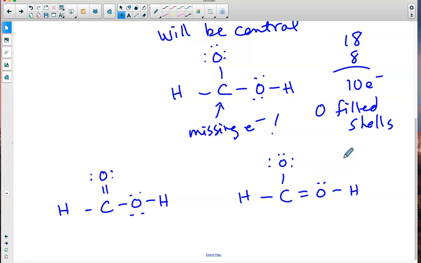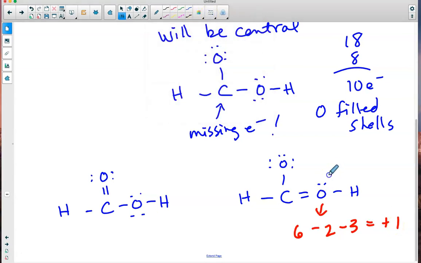All of the carbons and oxygens have their filled shells, and the hydrogen has its 2 electrons to make its filled shell. But let's look at formal charge. This oxygen that now has the double bond has 6 minus 2 minus 3, so it has a +1 formal charge. And that's just not a good situation for an electronegative element.